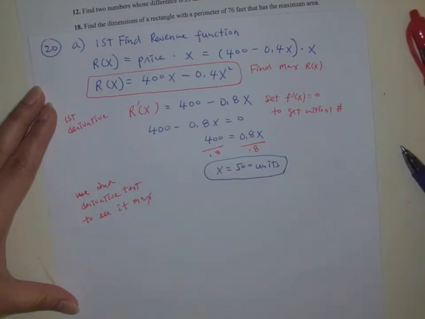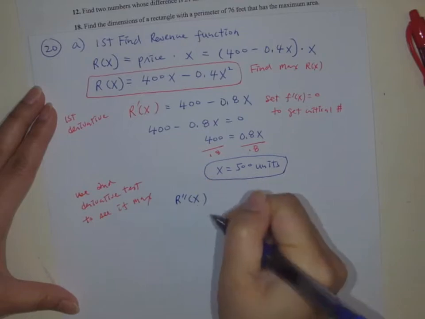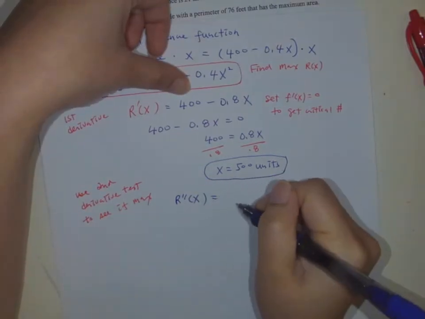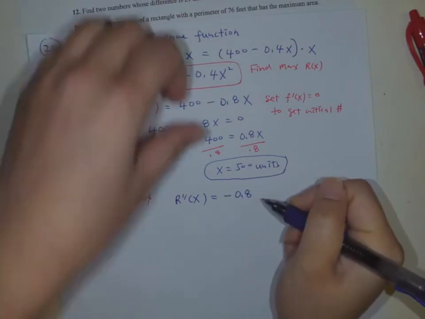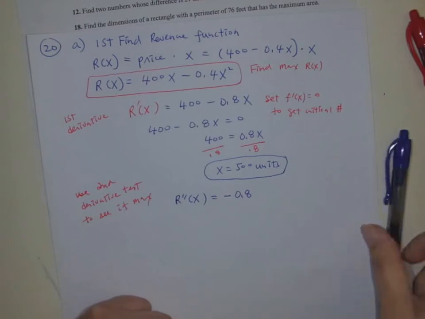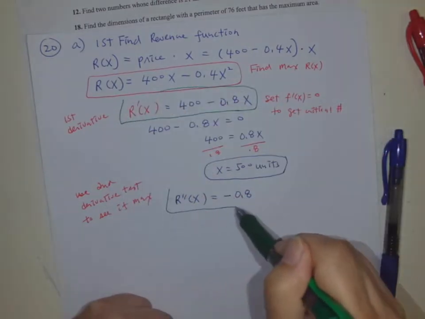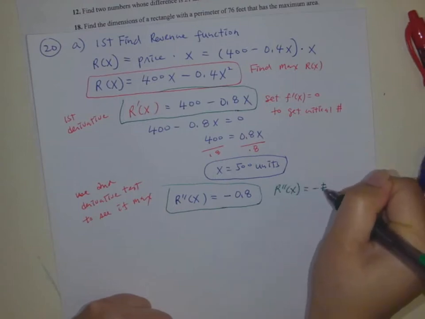Okay, so we need to take the second derivative, R double prime of x. Using that here, 400 becomes 0, and then we have a negative 0.8. So this is the first derivative, and this is the second. Our R double prime of x is equal to a negative number.